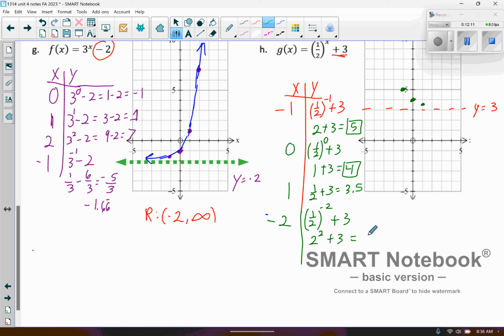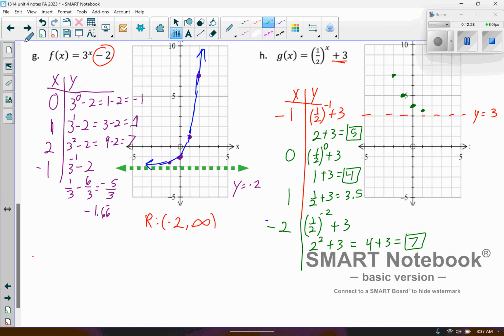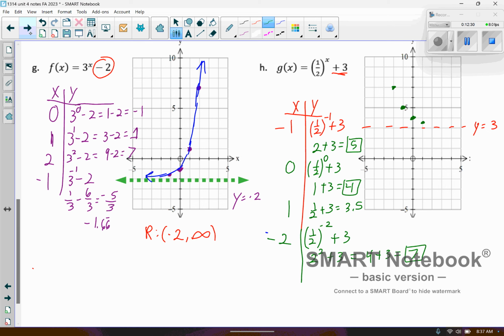So 2 squared is 4, and 4 plus 3 is 7. So we've got another point right here at 7. When x is -2, y would be 7. That's plenty of points to get a nice smooth curve on this one.